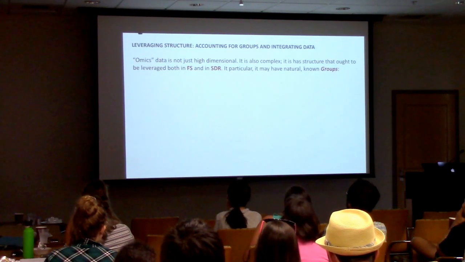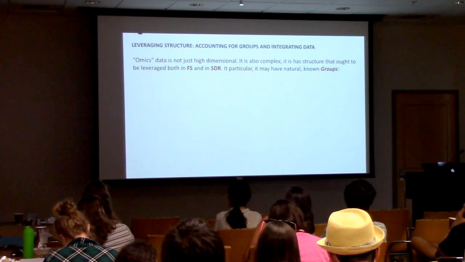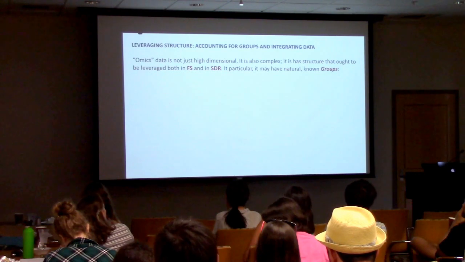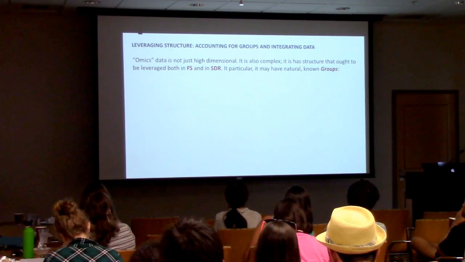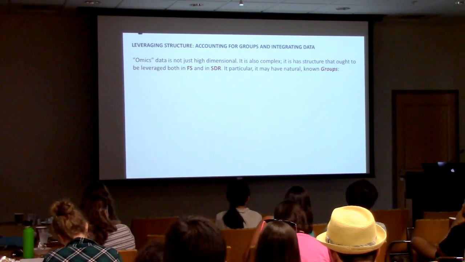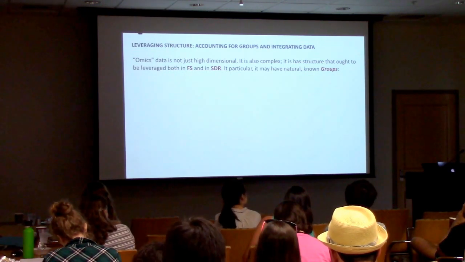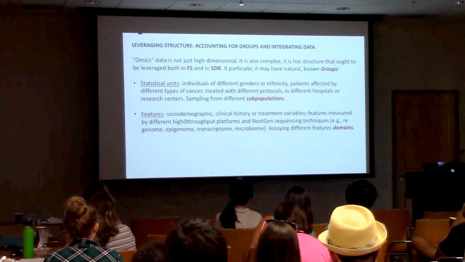Structure. As I said, data are not just high dimensional, they're complicated, or complex if you want to say it in a nicer fashion. There's structure in it often that you may want to leverage, and this should be done both if you're trying to do feature selection and if you're trying to do sufficient dimension reduction. One obvious type of structure is groups.